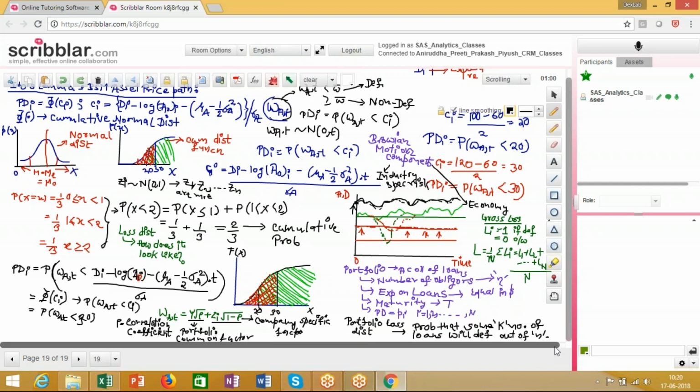So the probability that some k number of loans will default out of n.